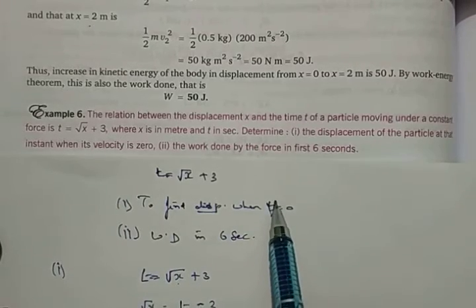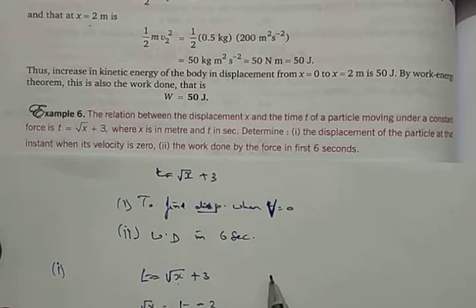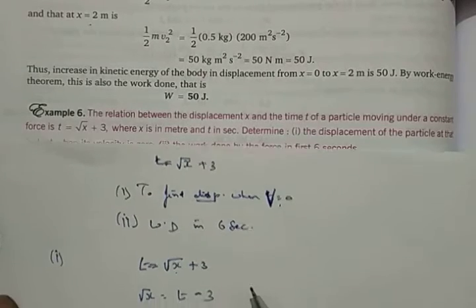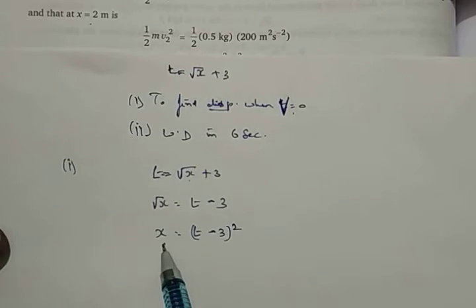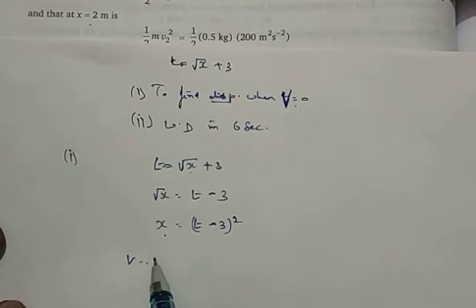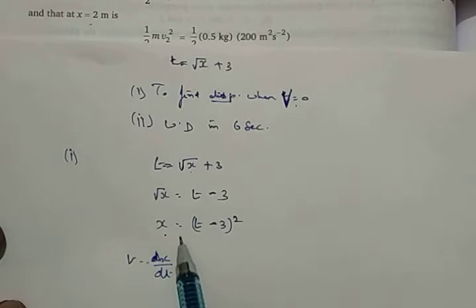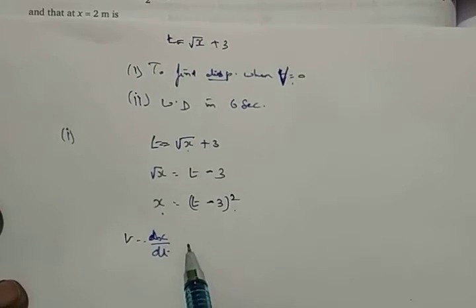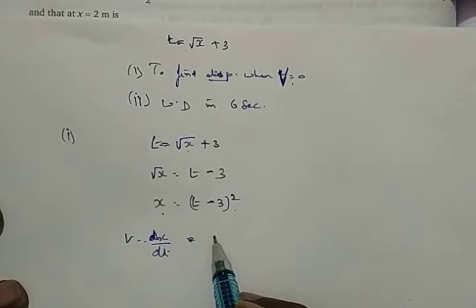Sorry, not t, velocity is 0. So where will the velocity come from? From this expression, how will we get velocity? Velocity is going to be equal to dx by dt. That means you need to differentiate this one. So differentiating this means twice.